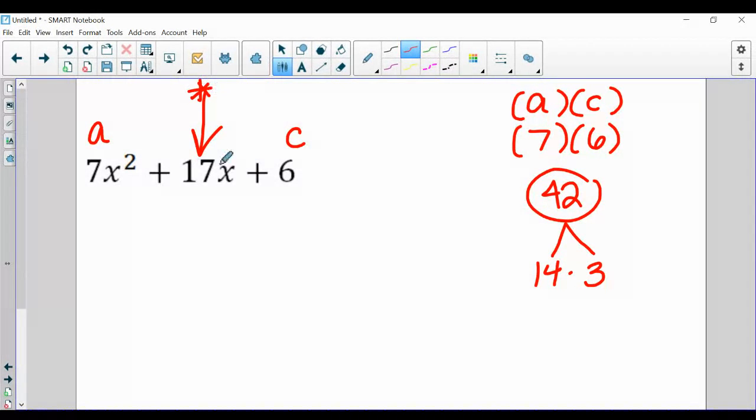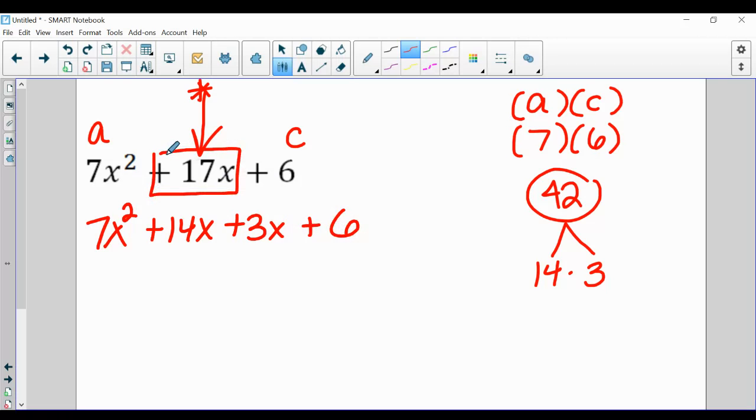So we're going to rewrite the 17x as 14x plus 3x. I want you to box up that middle term. We're going to rewrite it as 14x plus 3x. And if you check, 14x plus 3x is 17x.